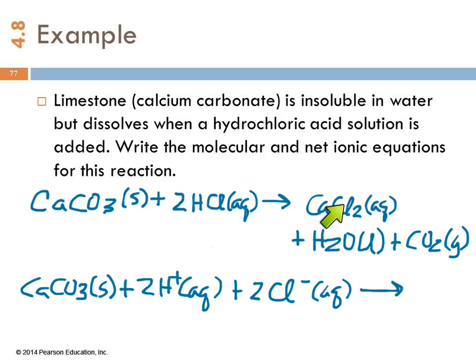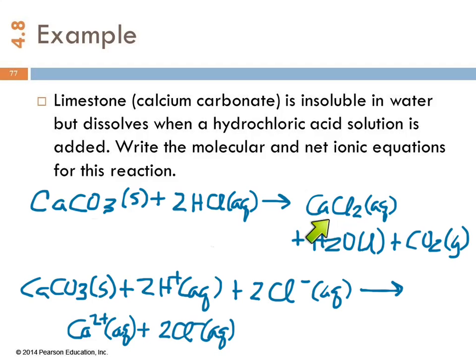Yes, this is an ionic compound and it's soluble. So I've got Ca2+, aqueous, and I've got 2 chlorides, and I get that 2 from this formula. In this unit, I have 1 calcium and 2 chlorides. So when I pull it apart, I get 1 calcium and 2 chlorides.